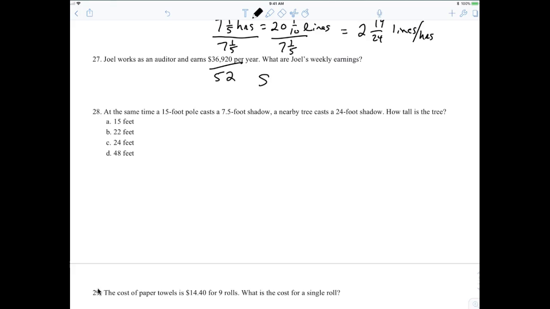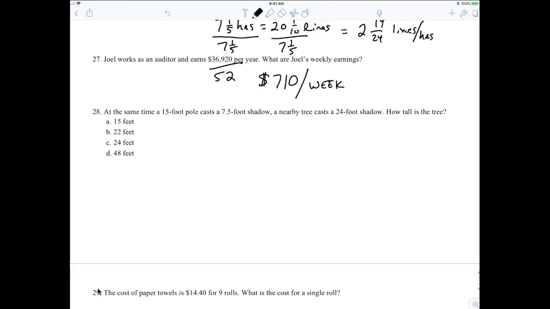So he makes $710 per week. Now, I want it written out like that also. I don't just want down 710. I want the fact that he would make $710 per week. It could be somebody that's going to school, or it could be a part-time job. All right?